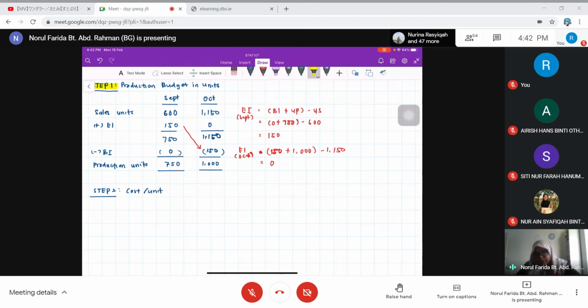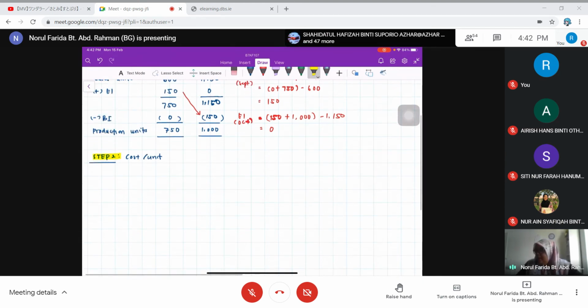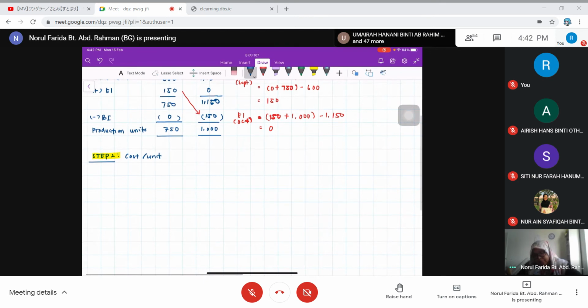To calculate your cost per unit. Alright. Cost per unit untuk absorption costing is your variable production cost plus your fixed production overhead. Right.